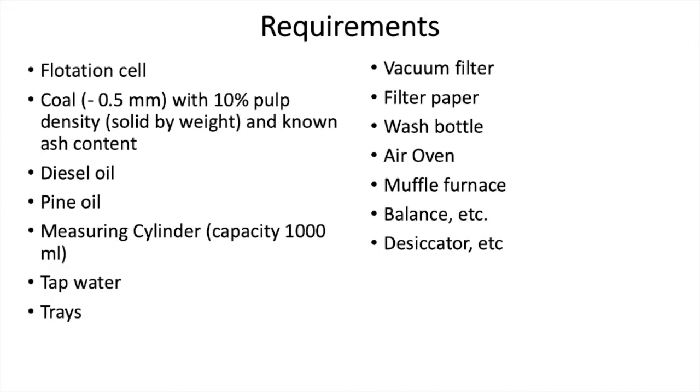Then a wash water bottle, because you have to wash certain things through trays here and there. An air oven to dry the filtered froth, then a muffle furnace for ash analysis, a balance to measure the weights, and a desiccator so that the moisture is not absorbed again when you are taking out the material from the furnace.